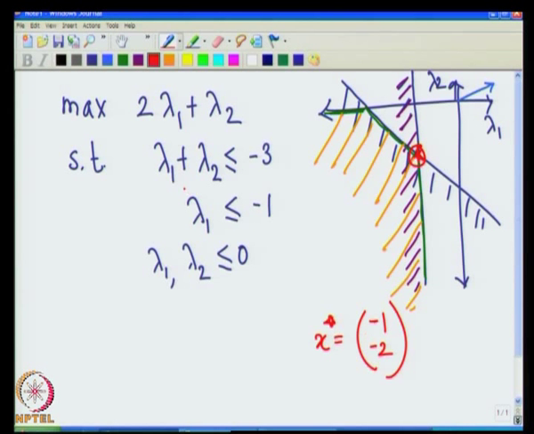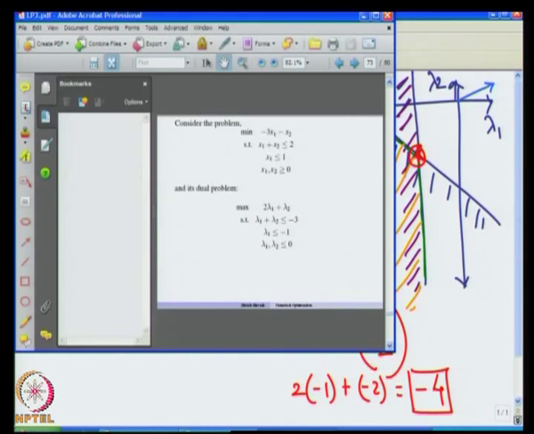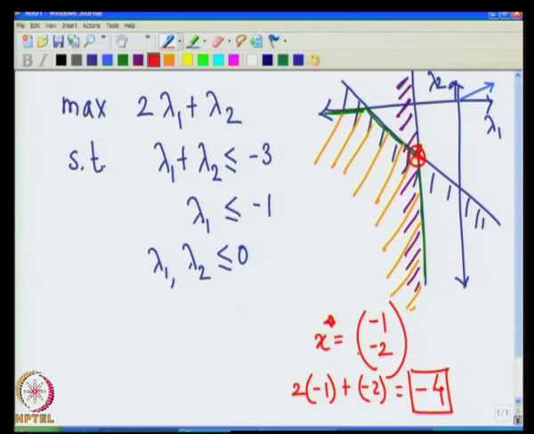And what is the objective function value? So, we have 2 into minus 1 plus minus 2, which is equal to minus 4. So, this is the optimal objective function value for this problem. Now, remember that the optimal value, which is lambda star, is minus 1, minus 2.